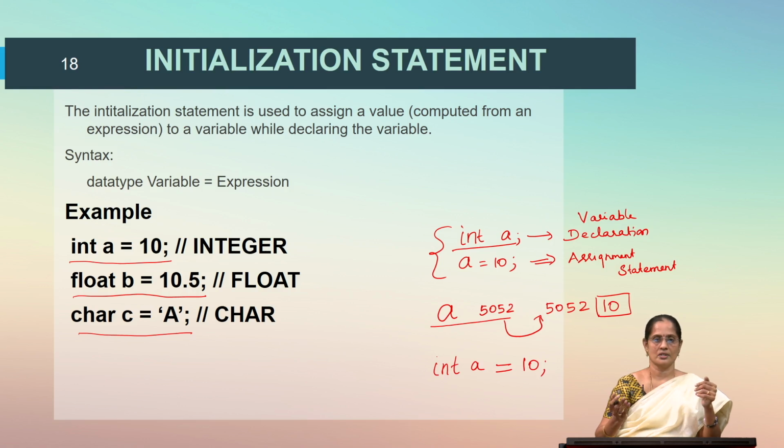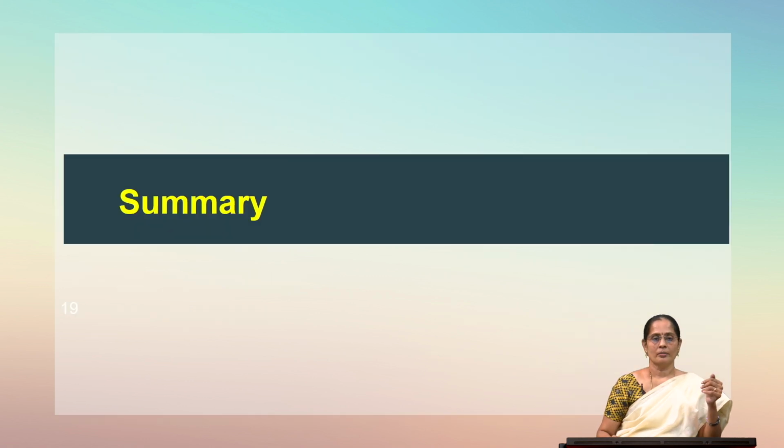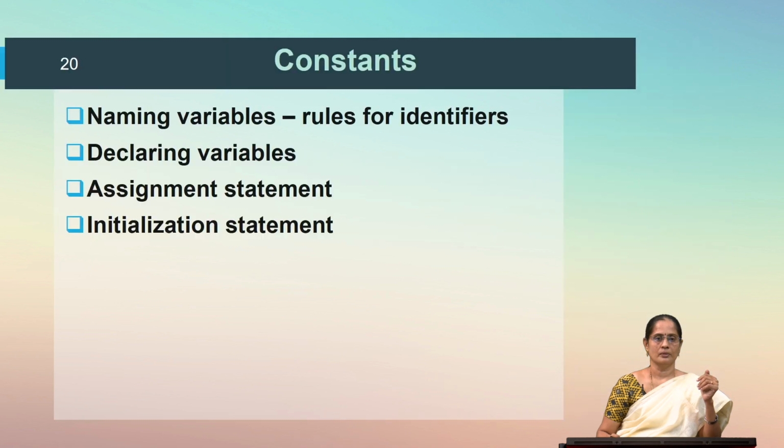So, on summarizing this session, we have learned how variables can be named by following the rules of identifiers. We have learned how to declare the variables based on the requirement of the application, the requirement of the task.